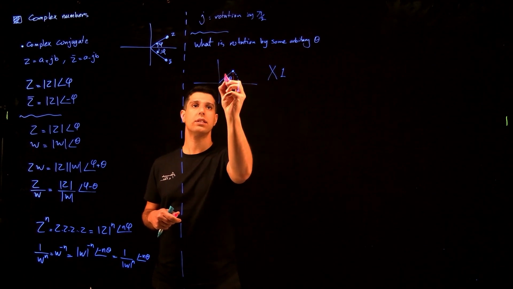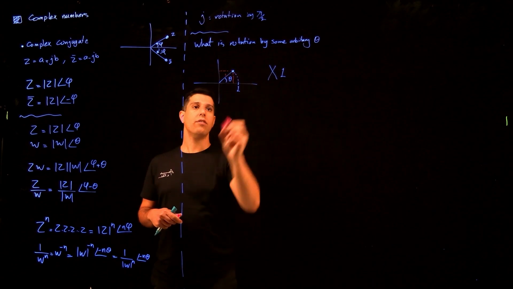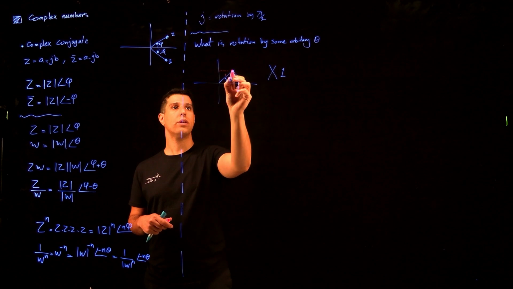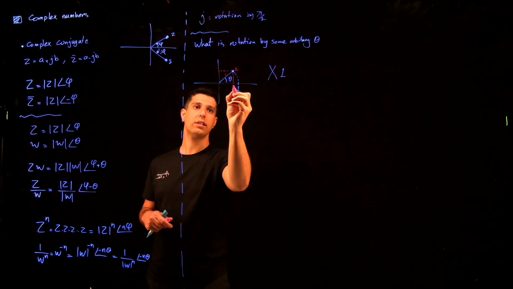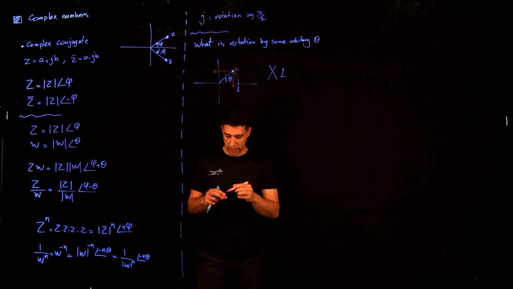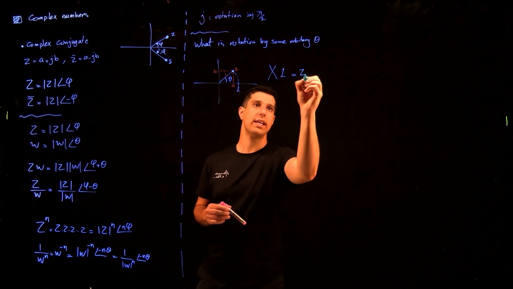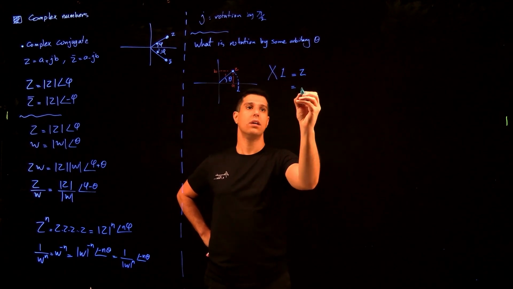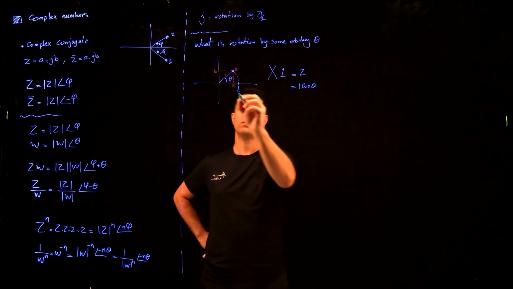Remember, this distance is 1. So we have arrived by transforming real number 1 and rotating by angle theta. We have arrived at this point z, which has a component a and b along the real and imaginary axis. So this becomes z, and my z is 1 cosine of theta. This is a.